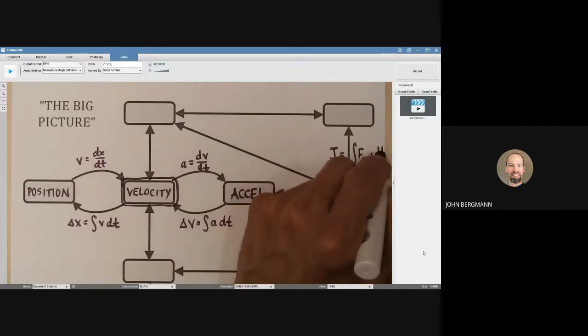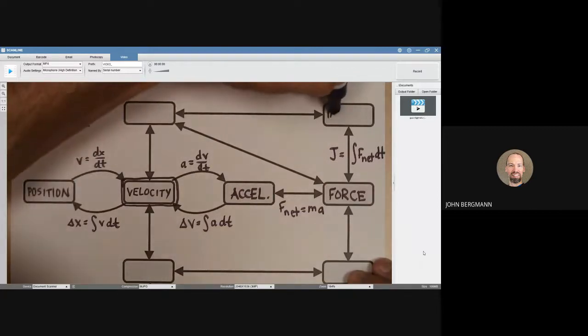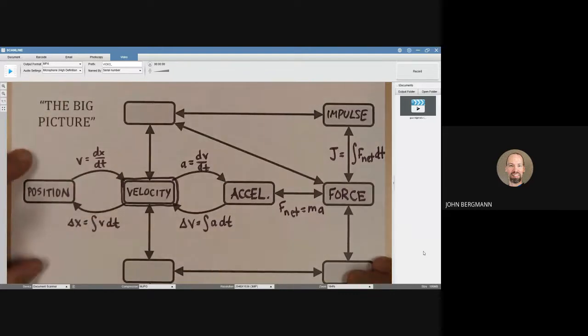It's called the impulse, and it's symbolized with a J. So that's what goes up here in that box. So we're introducing some terms that we haven't run into yet, but we just want to have the map of all of these out there so that when we study them in detail, we can always go back to the map and say, oh yeah, that is how that connects with that other thing.